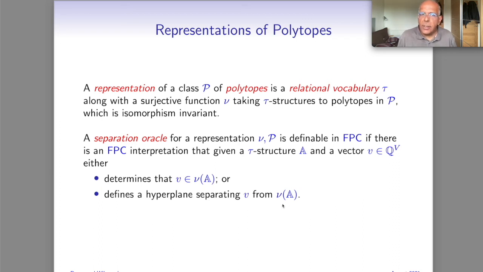And as long as such a separation oracle is definable in FPC, then the optimization problem for this class of polytopes is in FPC. Okay. I'll pause here now, and we will return with more details.